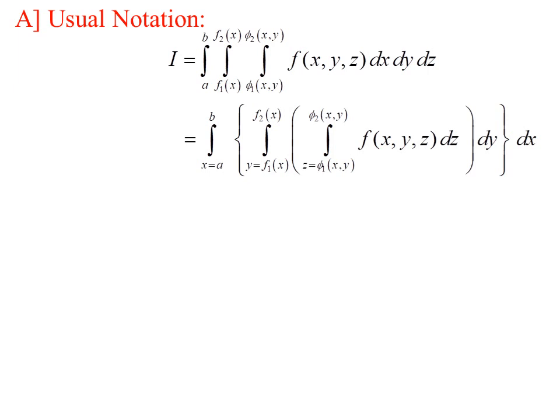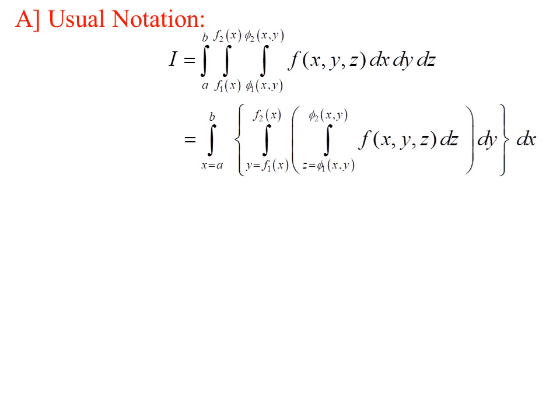And we have noted the limits of z and the limits of y, so the remaining limits, a to b, are the limits of x, and hence our order of integration can be written as the inner integration carried out with respect to z.